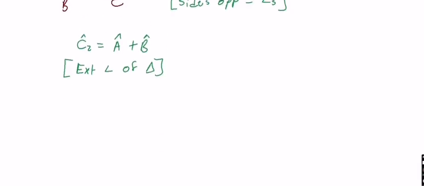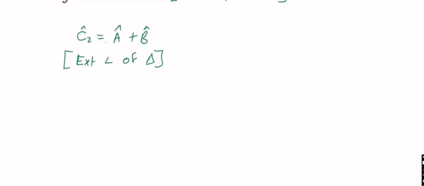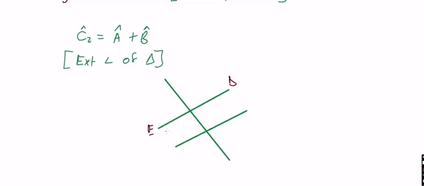Let's remind ourselves a little bit about parallel lines. If I've got parallel lines, let's suppose these lines are parallel, and then there's a crossing line like that. And then I happen to have, let's say this is our D, this is E, F and G. So let's say ED is parallel to FG.